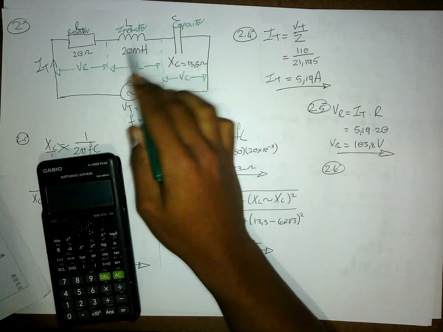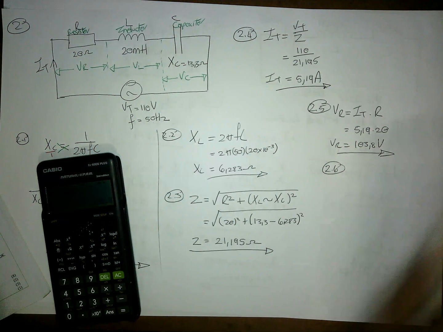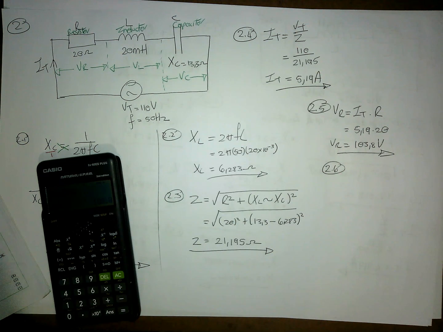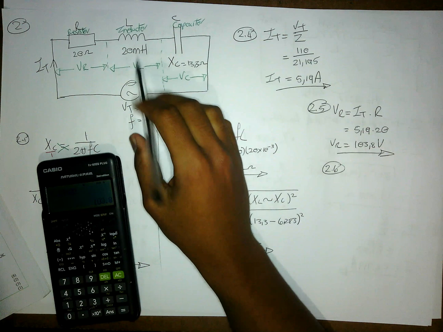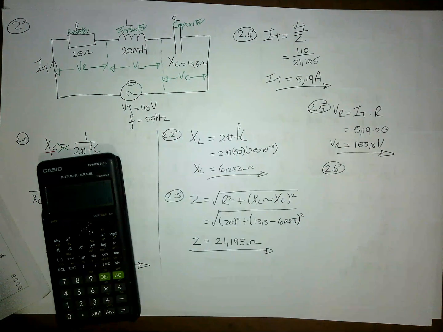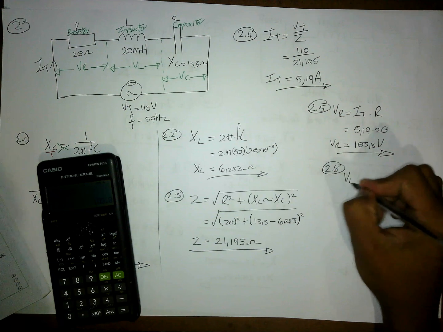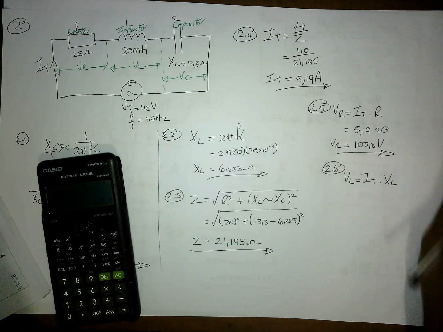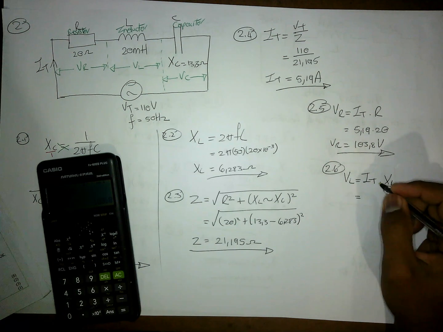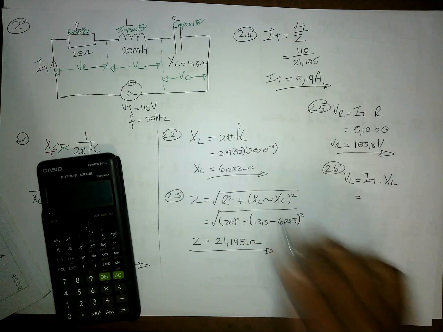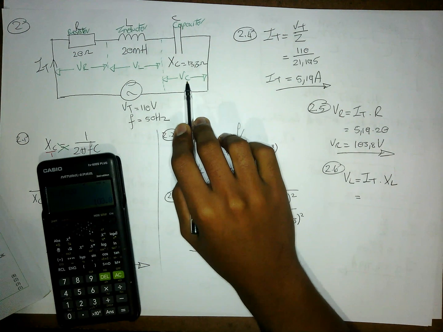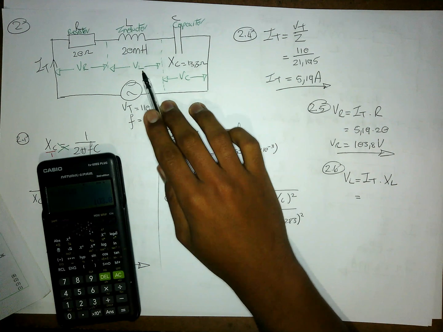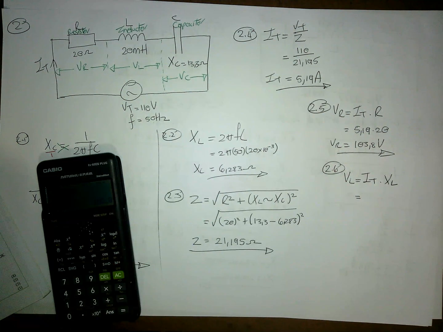I think you're confusing the names. So what formula will this be? Yes, IT times XL. The IT times XC will give us VC, but they didn't ask for this, they asked for VL. So you must just be aware of the names and the symbols for them.